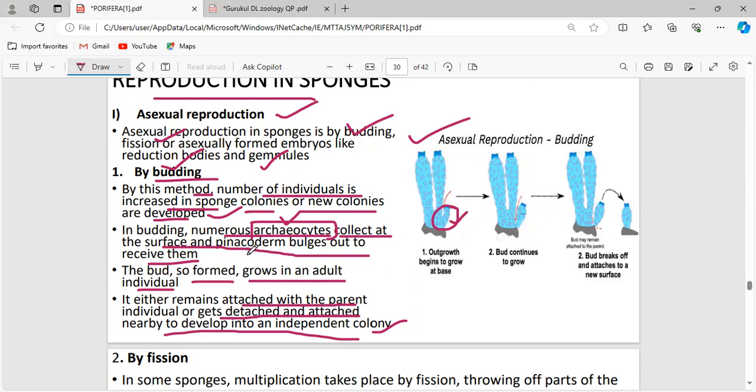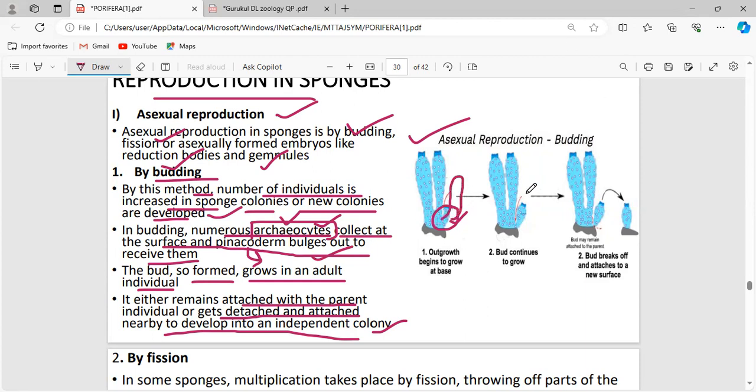What is the pinacoderm? The outer layer of the sponge is called the pinacoderm. Now, these archaeocytes are collected at the surface, a group of archaeocytes seen at the surface. When all the archaeocytes are grouped at one end, the outer layer bulges out, and that bulge will give rise to a separate individual.